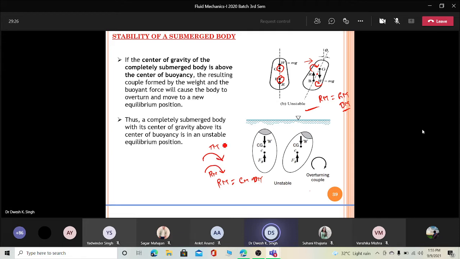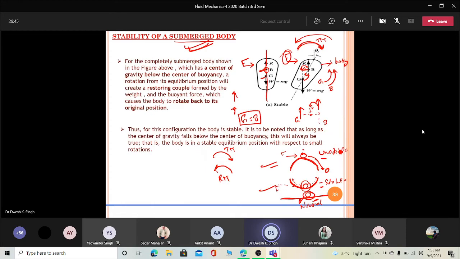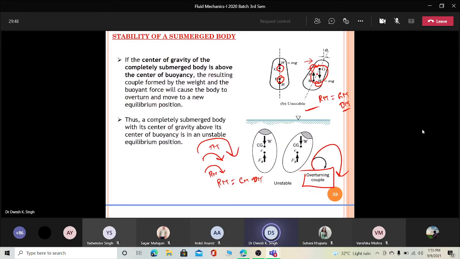So in this, both are applying in the same direction, and your object may topple like this due to the overturning couple. So in this case, they are generating an overturning couple, meaning they are actually helping to overturn. And here in the stable case, they are opposing the turning effect. So this is the reason why the stable and unstable condition comes.